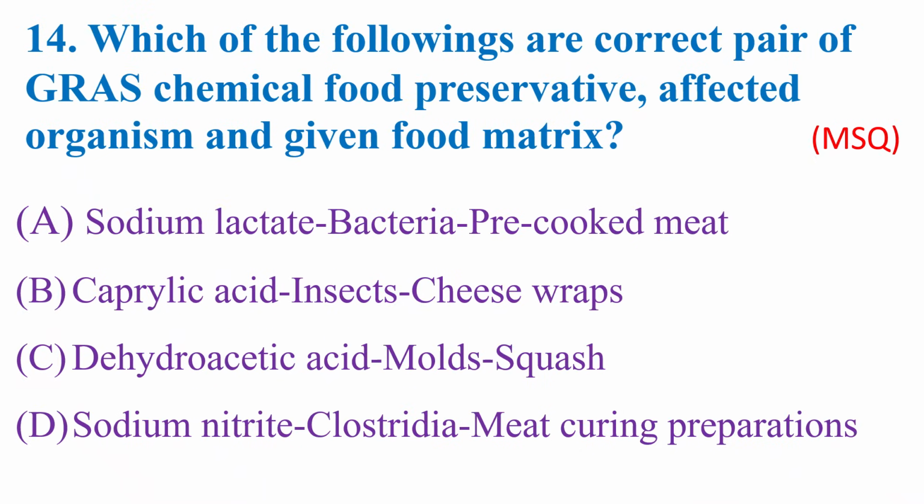Question number 14. Which of the following are correct pairs of GRAS chemical food preservative, affected organisms and given food matrix? It is an MSQ type question. GRAS stands for generally recognized as safe, so these are preservatives approved for use in specific foods to target particular microorganisms.